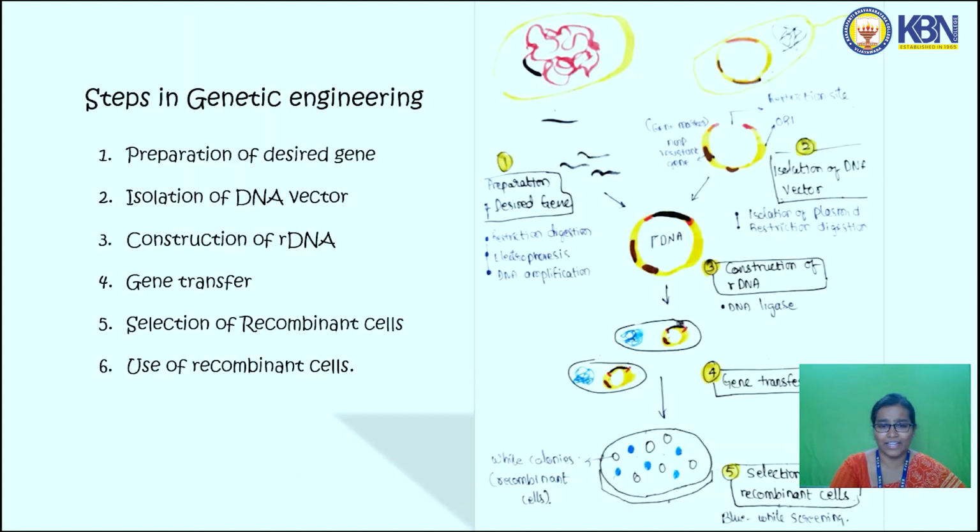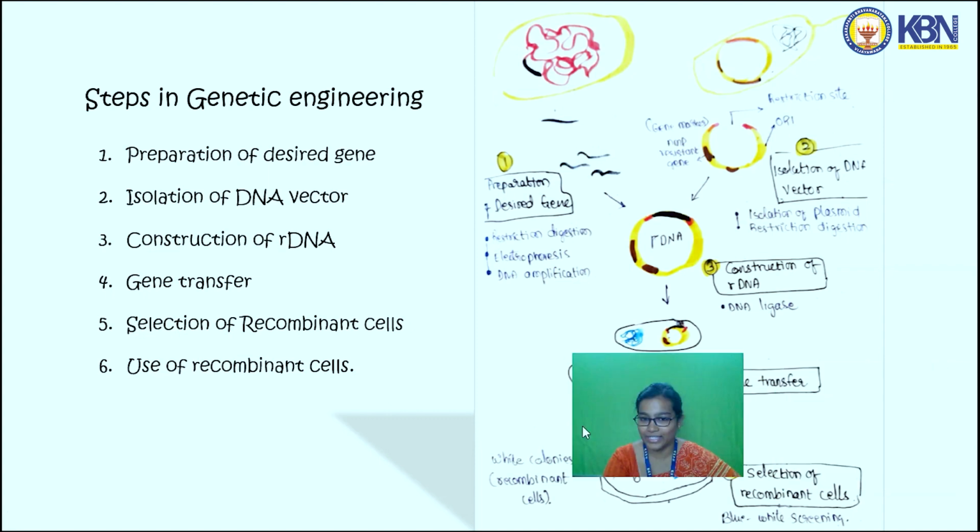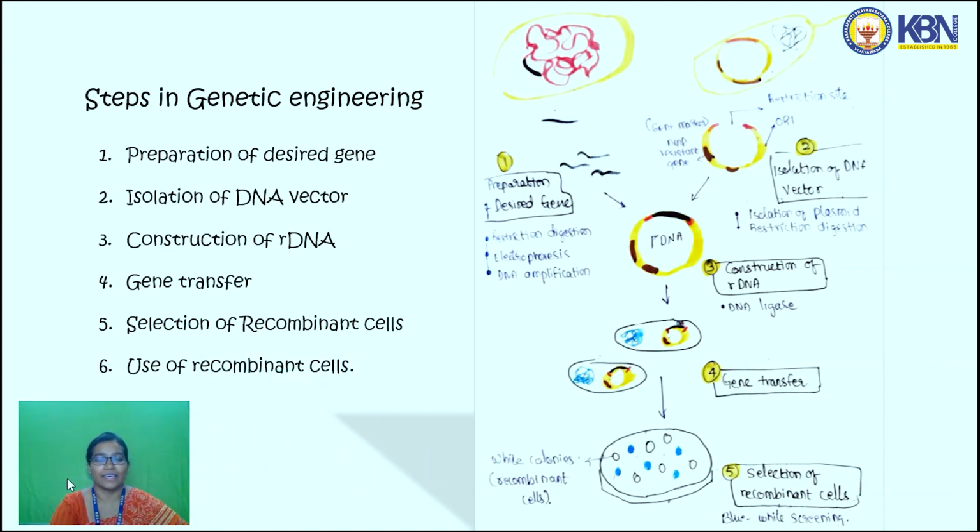Let us understand more how genetic engineering works, the process of genetic engineering. Shall we? Yes. For genetic engineering, first we need to have the desired gene, a special gene, like in golden rice, the gene that can synthesize vitamin A. So we will take the cell which has that special gene, and then we will lyse the cell.